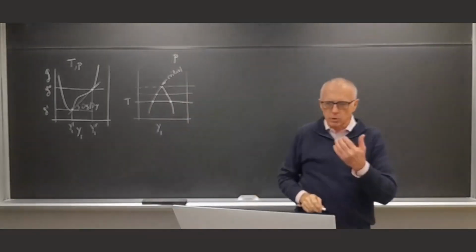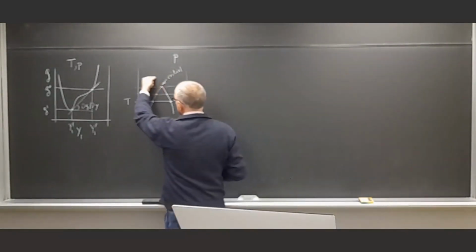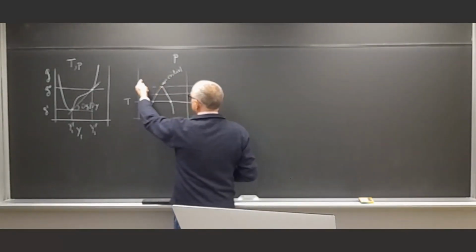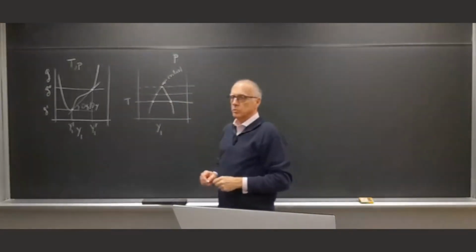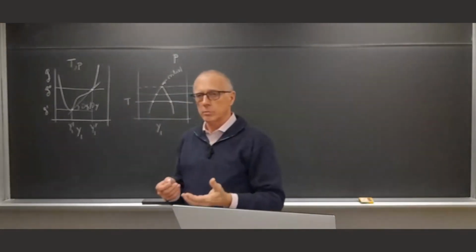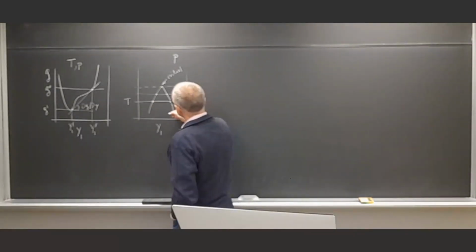It's critical in what sense? It's critical in the sense that above that temperature, you can see that all compositions are possible for equilibrium. Whereas below here, there is a gap.